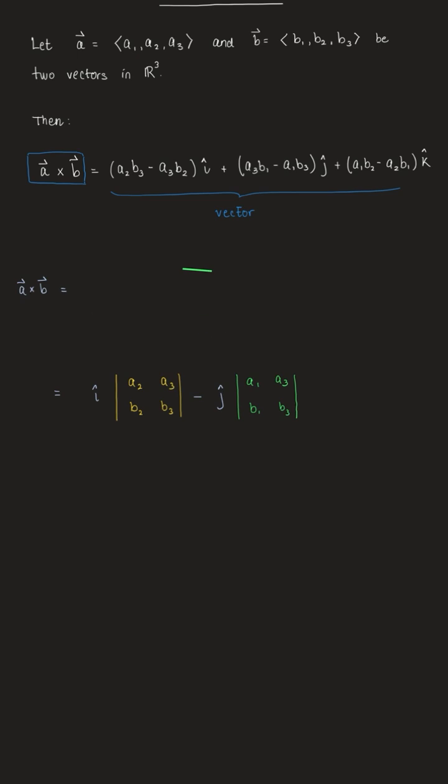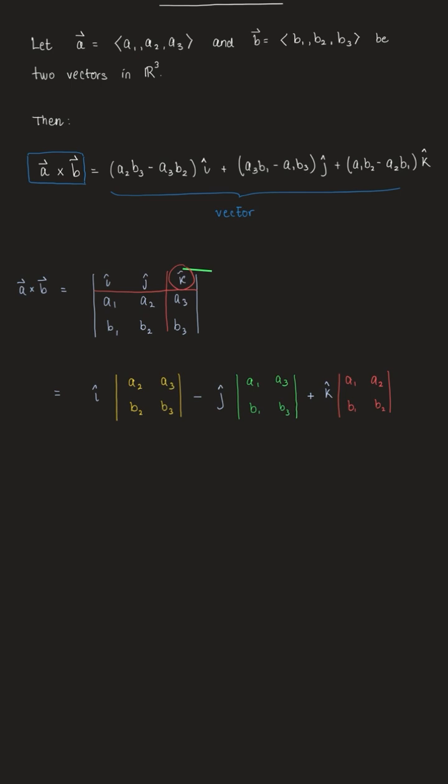All right, so let me try to write that again with I hat, J hat, K hat, A1, A2, A3 in the second row, B1, B2, B3 in the third row, and this time we're going to take K hat and eliminate the row and column containing K hat and write down the 2 by 2 determinant that is left. So that's going to give us A1, A2, B1, B2.